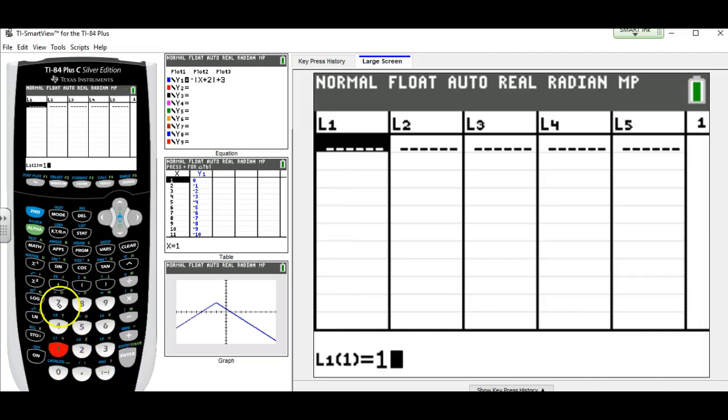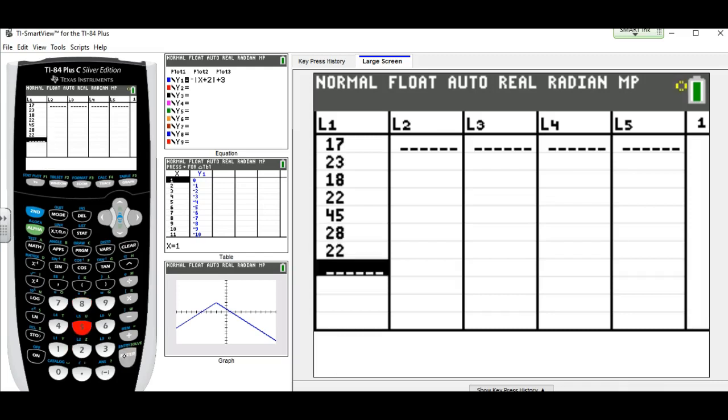The numbers are 17, 23, 18, 22, 45, 28, and 25. I'm sorry, 28, 22, and 25.